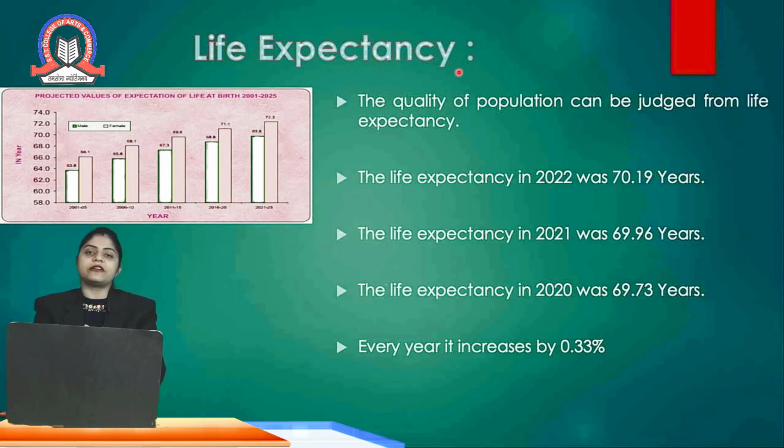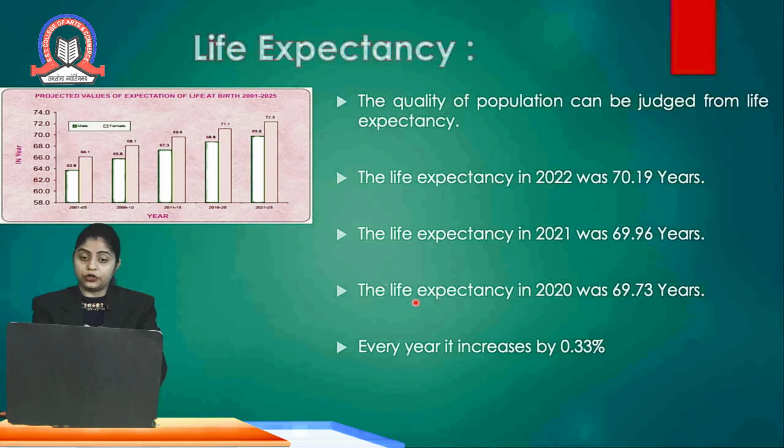Next is life expectancy. From life expectancy we can judge the quality of the population in our country. The life expectancy in 2022 was 70.19 years. The life expectancy in 2021 was 69.69 years.